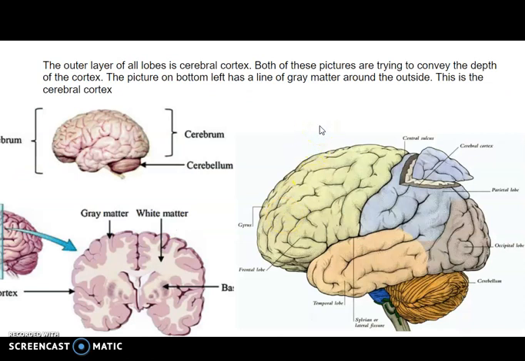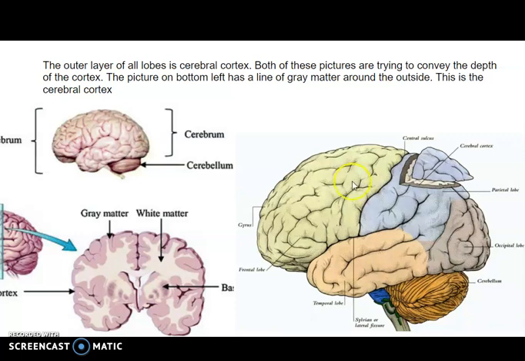All right, so if you look right here, they took a chunk out of this brain. Literally, they just took the top layer off to kind of show you what's going on there. That is your outer layer of your cerebrum. That is the cerebral cortex. So if you were to go down, what is it, like 1.5 to 2.5 millimeters? It's not the longest distance in the world, but if you went down that far, you'd be able to see that that is all the cerebral cortex.